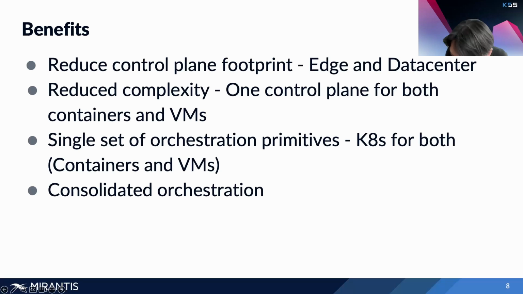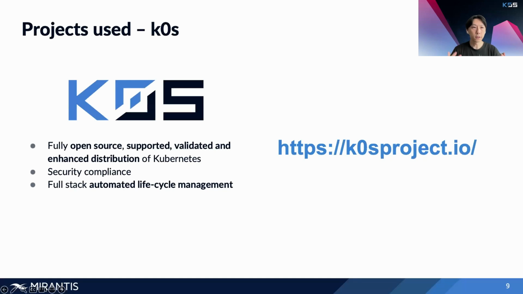So with that, let's have a look at how we're going to get our environment set up today. Here are some of the projects that will be used in today's demo. First of all, the Kubernetes environment I'm using is k0s. This is our open source, lightweight Kubernetes distribution. In case folks are not familiar with k0s, the project can be found at k0sproject.io.